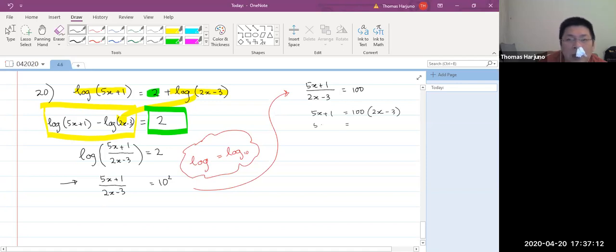That's 5x plus 1 equals 200x minus 300. We pull the x together, so 300 plus 1 equals 200x minus 5x. That's 301 equals 195x. So x is equal to 301 over 195.